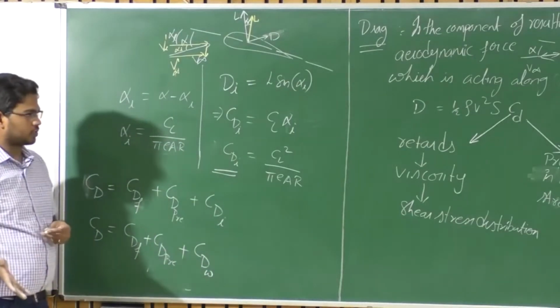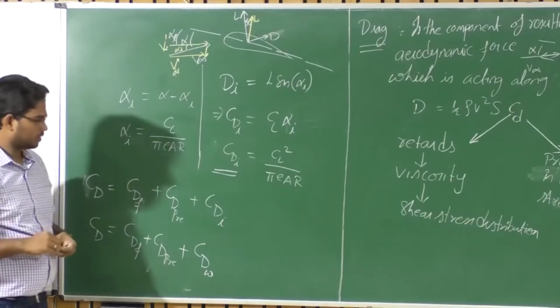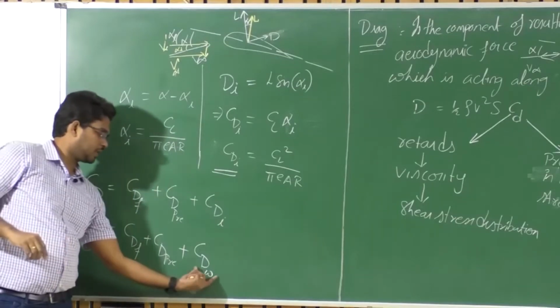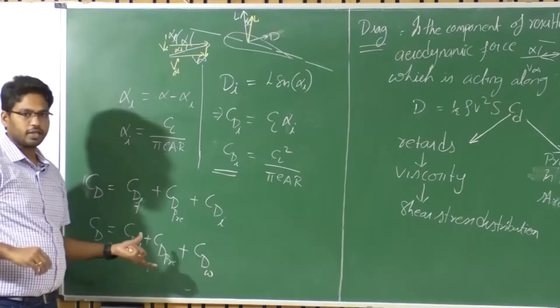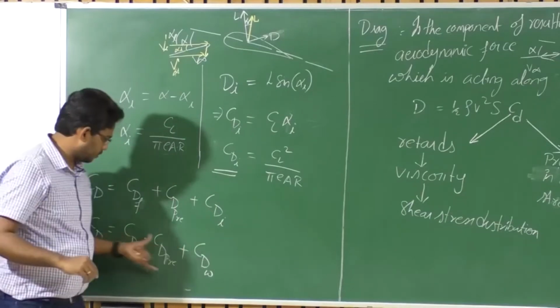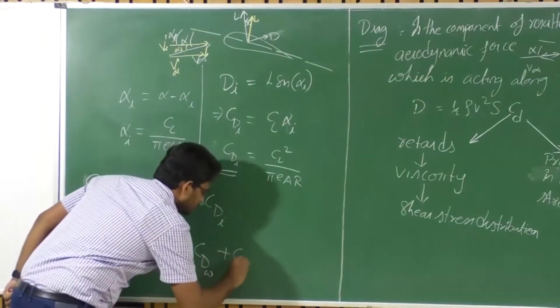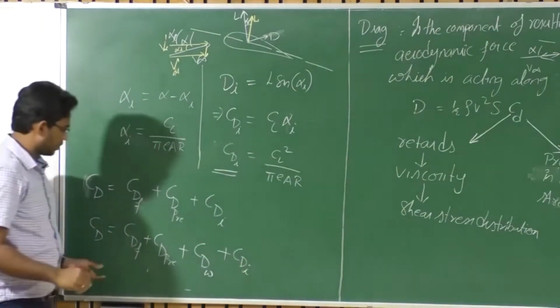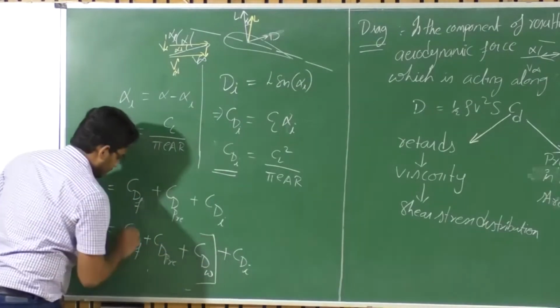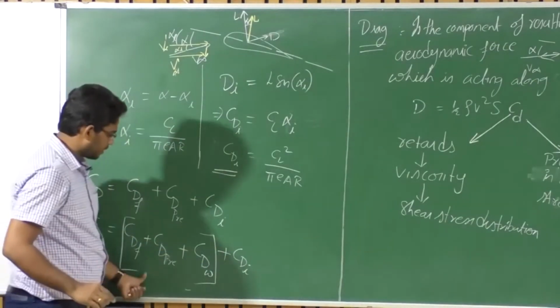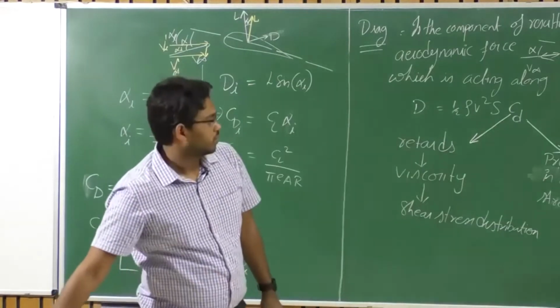We'll very soon discuss why there is a shock wave. But for the time being, assume that there are shock waves at higher Mach numbers, which will contribute towards this drag coefficient, right? So these three put together are known as parasite drag coefficient, right?